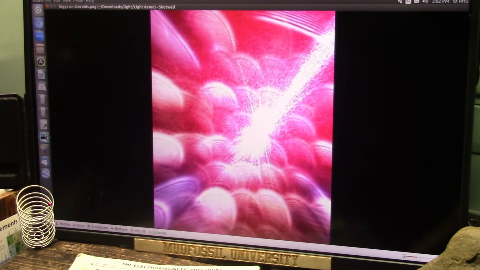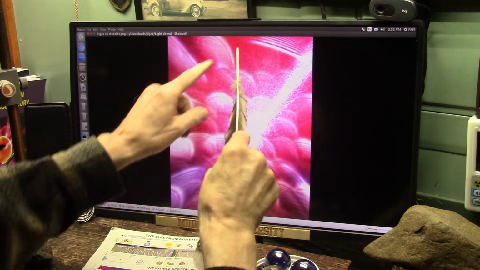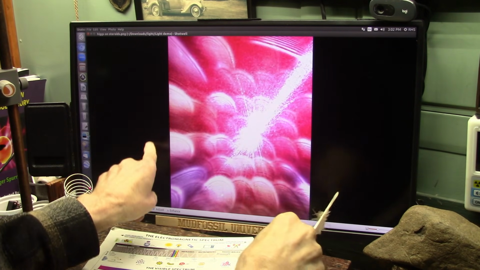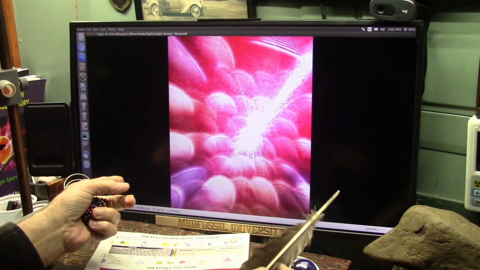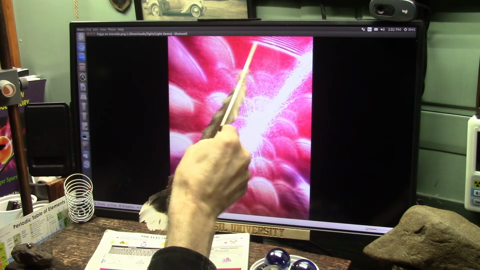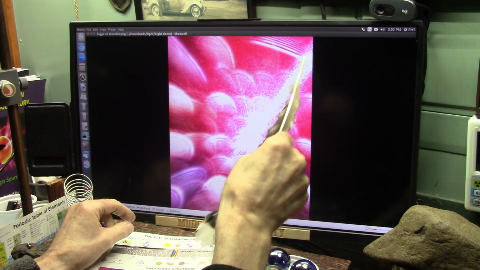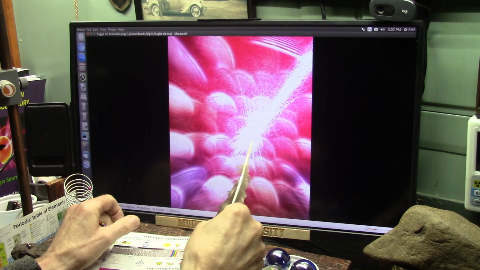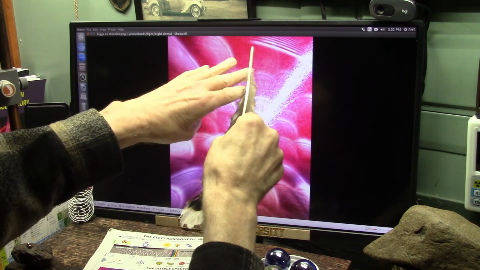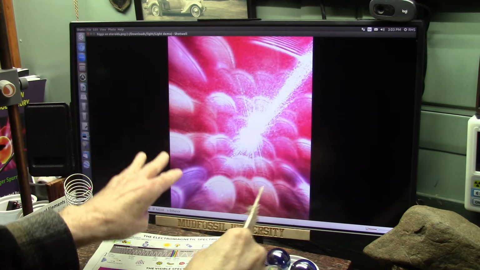You see this? This is like a dish of dark matter. It must be. It's like a dish. You see how these are big fields like this here? And then the white coming through here is smashing into almost like a skin of water.